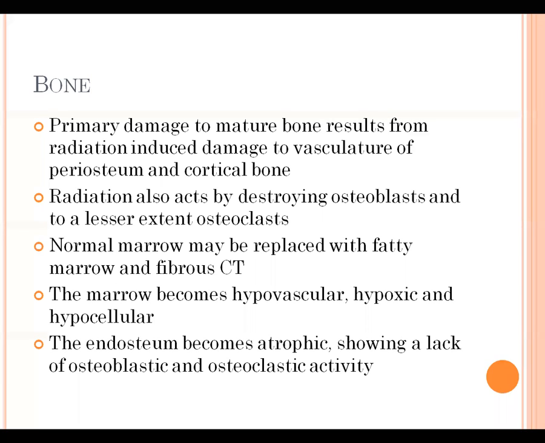Radiation also acts by destroying the osteoclasts and the less resistant osteoblasts. Normal marrow is replaced with fatty marrow and fibrous tissue, so the bone loses its density after undergoing radiation therapy.